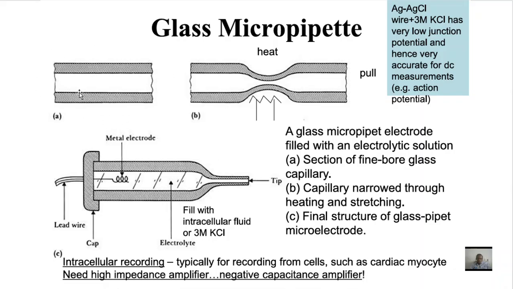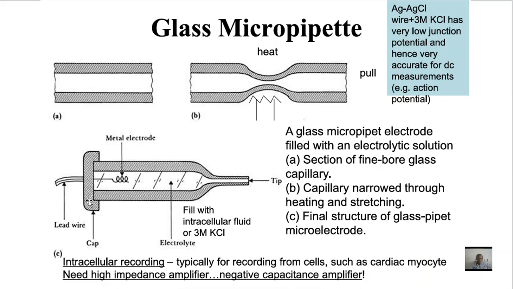Section B, the capillary is narrowed through heating and stretching. In the center of the fine bore we narrow it by heating. After that, finally we cut it into this structure, the final structure of the glass pipette microelectrode.